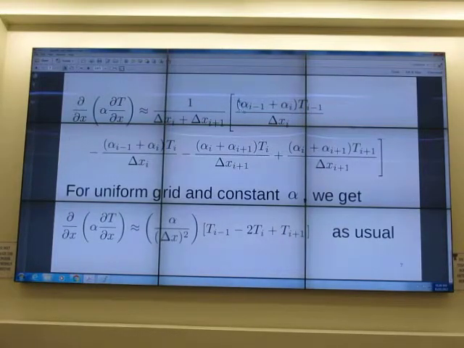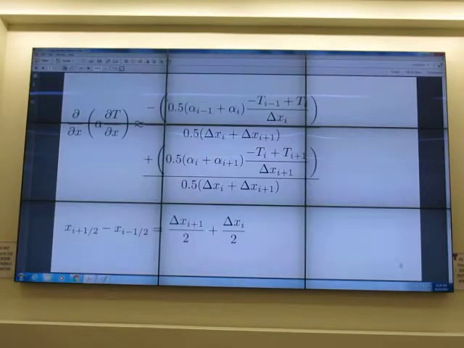You should have some linear interpolation between these 2 points, but it may be too lengthy. You know how to do it perfectly? Yes, of course. You have to do linear interpolation. You don't do 0.5 multiplied by alpha i minus 1 plus alpha i plus 1. You do weighted average instead of equal weight. Because your point is not in the middle, right?